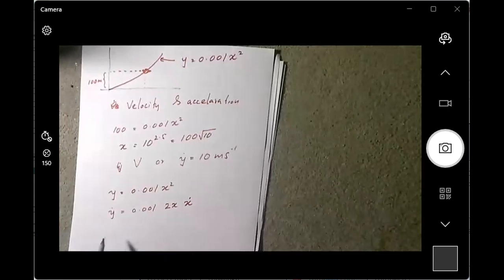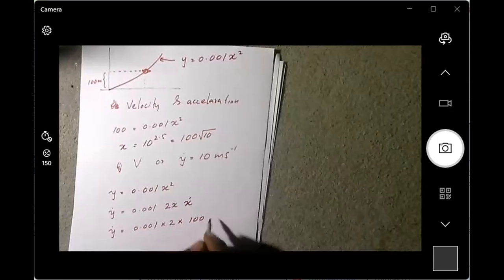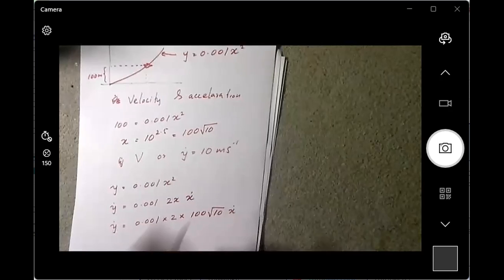So that value we have. And from the question itself, y dot is given. So y dot we have it as 10.